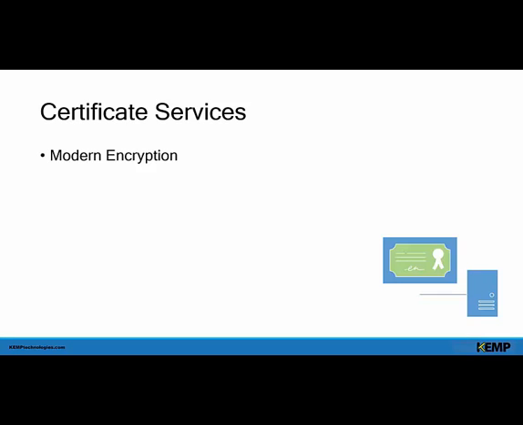For example, Windows Server 2003 does not support any sort of modern encryption. So certificate services is really showing its age with regards to PKI support. There's no support for a variety of things like Suite B encryption, Cryptography Next Generation, SHA-256 certificate signing, and so forth. A lot of these capabilities are going to be essential moving forward.